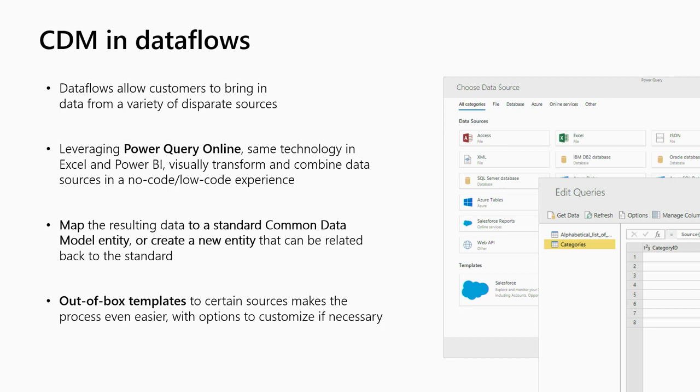You can, of course, also define your own custom shapes. And outside of templates, you can already use this mapping functionality. The map to standard that I showed is just another transform in Power Query.